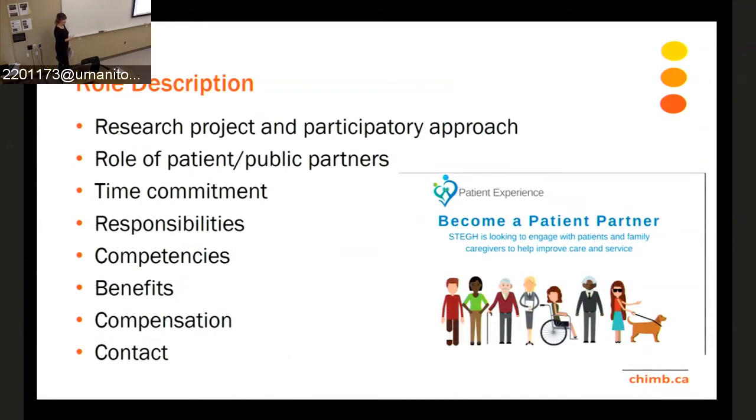If you're going to be asking them to do some major stuff, you want to be sure. When I say competencies, I do not mean research competencies. I mean competencies around things like being open and curious, being interested in learning more about healthcare systems, being used to working collaboratively on teams where we don't always agree.